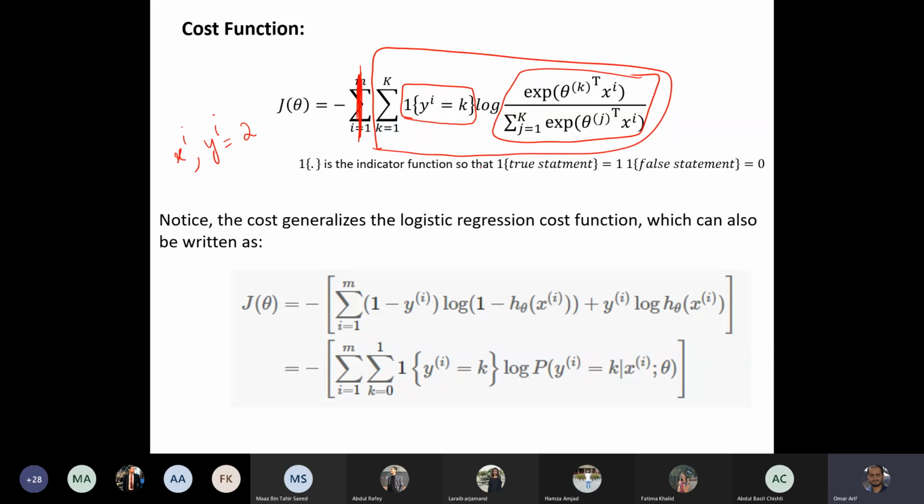And so this equation is telling you that the loss function would be minimum when you are predicting right, when you have a correct prediction. Otherwise, the loss function will have a bigger value, right? Can you see that? Because I also have this negative here.